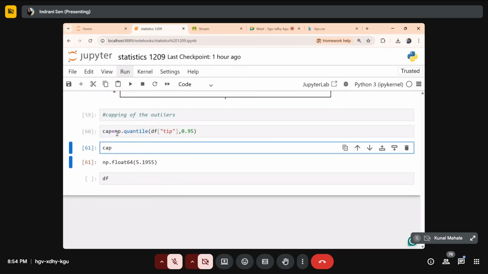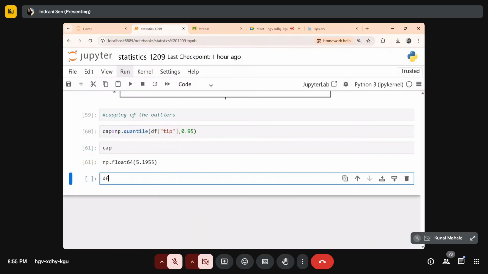So here, the cap I have found is the 0.95 percentile, and it gives me 5.19. So what I'm doing here is, that portion of the data, I'm just replacing it with this cap. Okay, so df dot tip greater than ub.